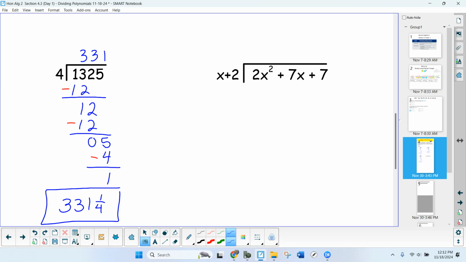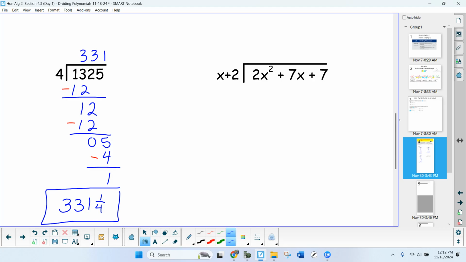Okay. So, some of you are like, what does this have to do with higher level maths? We can divide polynomials, any polynomial of any degree, using long division. The process is exactly what you just did. So this is 2x squared plus 7x plus 7 divided by x plus 2. The process is the same. You guys asked yourself, what would I multiply 4 by? You kind of said in your head, how many times does 4 go into 13?